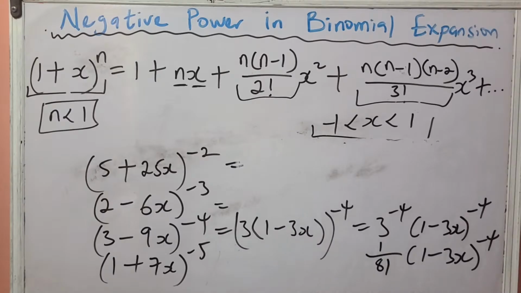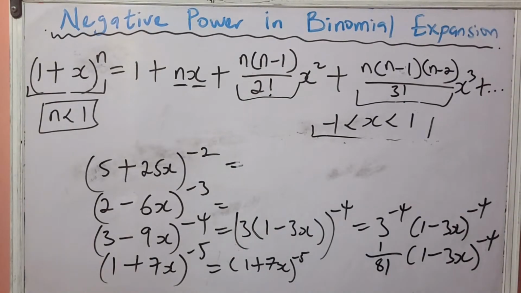Are you thinking that the answer for the fourth question is the same thing? It's going to be the same thing because this is already conformed. So we don't have to do anything. It's going to be the same 1 plus 7x raised to the power minus 5. This is conformed already. All right. So you don't have to do anything there.